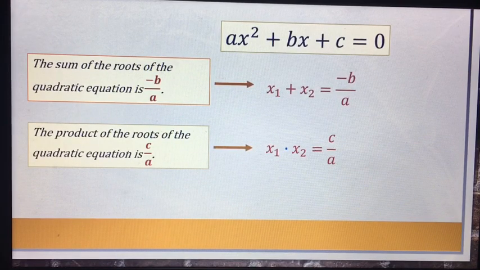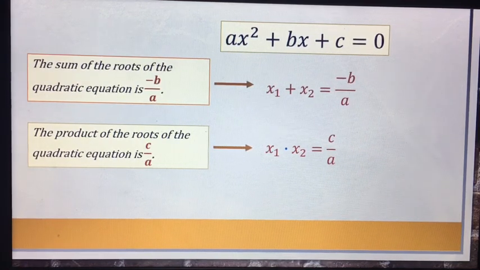In symbols, x sub 1 times x sub 2 equals c divided by a. The b in the sum of the roots is the numerical coefficient of the linear term in our quadratic equation, divided by a, the numerical coefficient of the quadratic term.